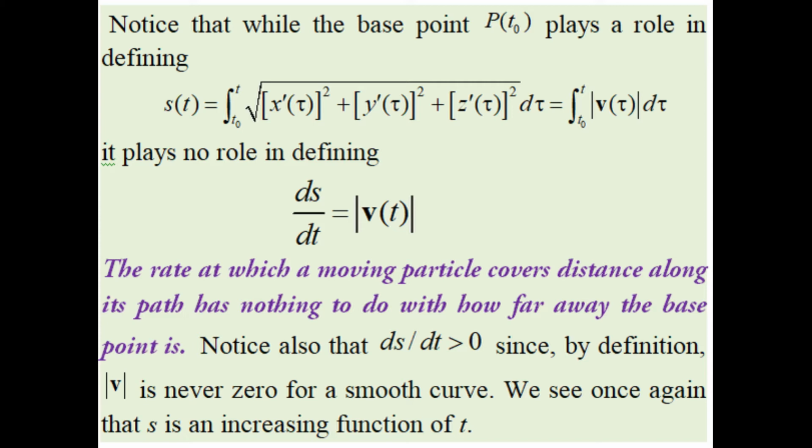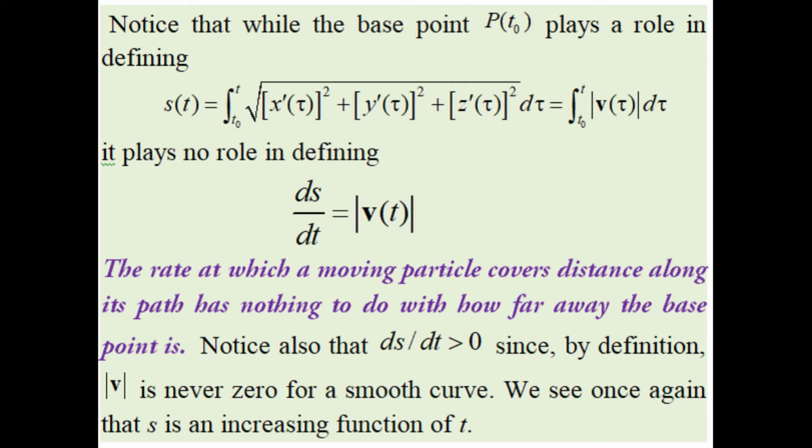The rate at which a moving particle covers distance along its path has nothing to do with how far away the base point is. In real life also we have this feeling, because the speed of a moving particle in general does not depend on the point from where we start the journey.